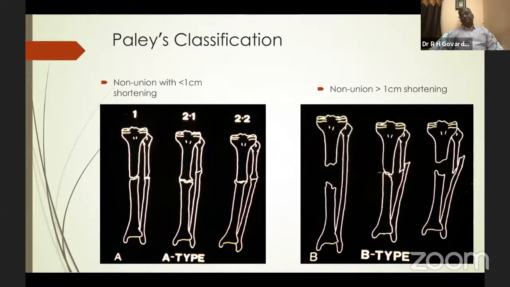B type, second variety, is where there is shortening, the ends of the bone are approximated, and there is non-union at the local site. Whereas in type 3, there is shortening and there is bone loss, and that is a complex situation.